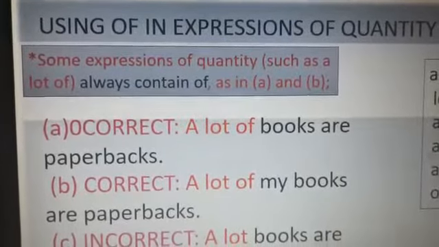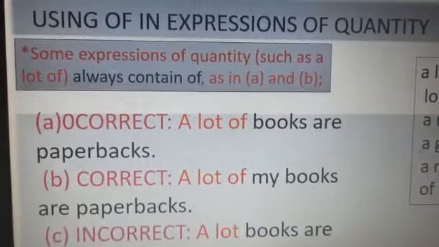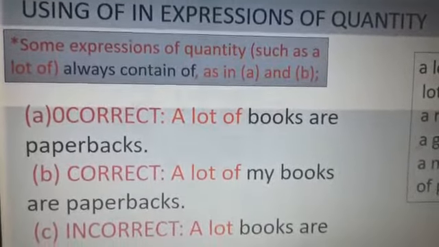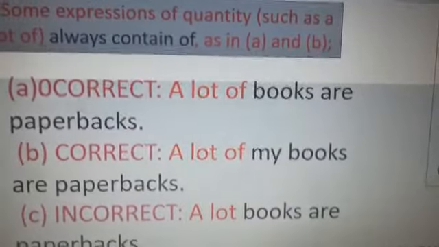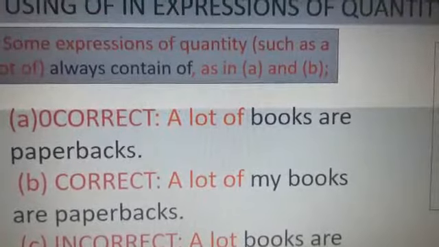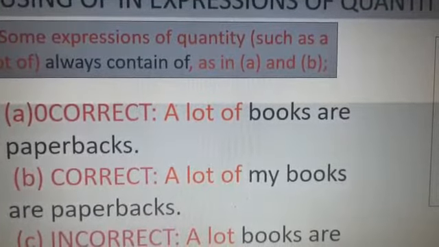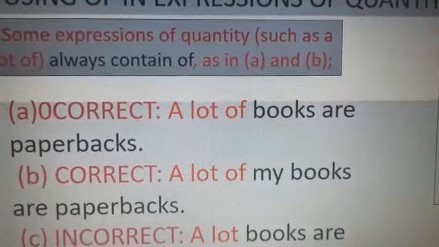Some expressions of quantity such as a lot of always contain of, as in A and B. In A, the sentence is correct because I use a lot and of together. A lot of books are paperbacks.